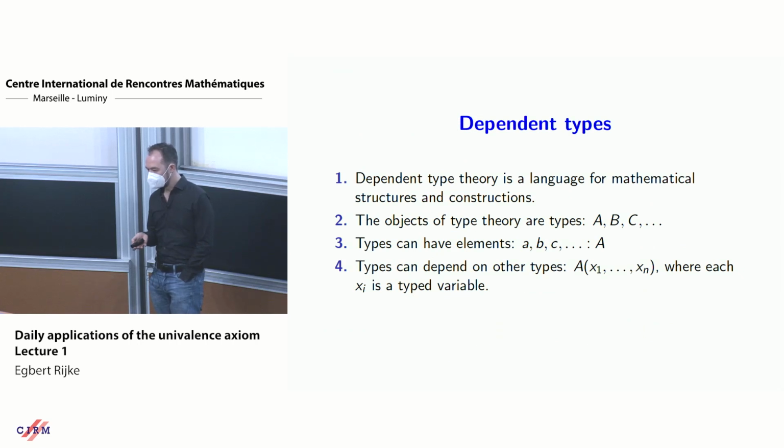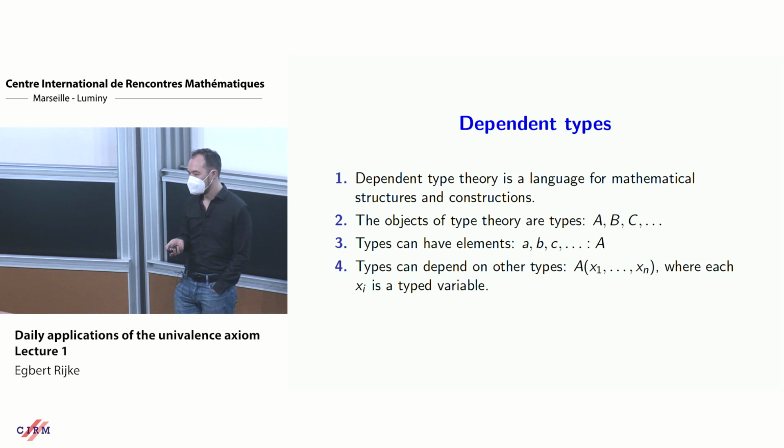So the main players in type theory are dependent types. Types are the objects of reasoning in this language, and they can have elements a, b, c, and they can also depend on elements of other types. So you can have families of types that vary over elements of other types, and that's what a dependent type is.